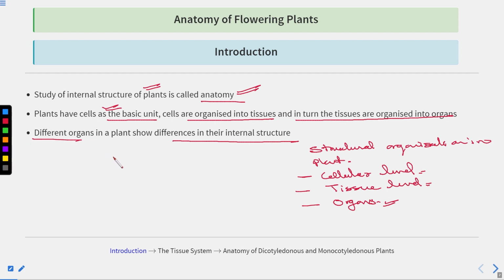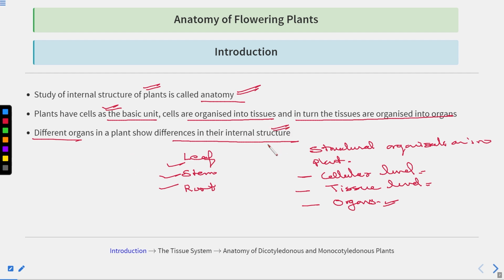Some of the organs of plants are the leaf, the stem, and the root. Okay, and in all these three organs we see different types of tissue organization.